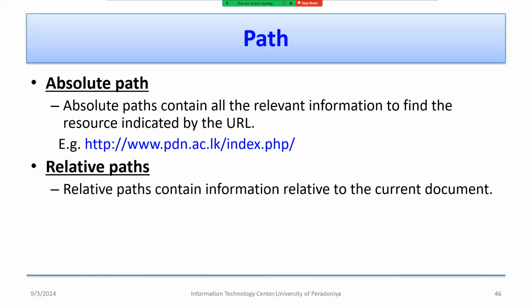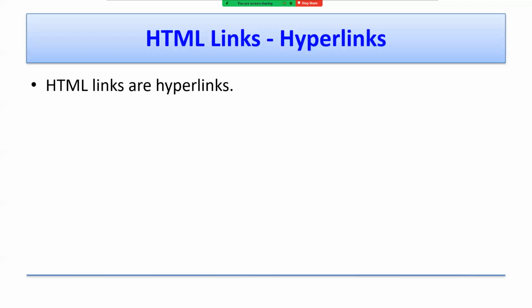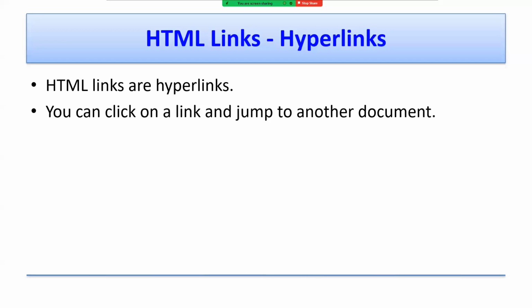Relative path means the path contains information relative to the current document. I'll explain in examples. Next, let's go to HTML links, or hyperlinks. HTML links are labeled as hyperlinks. You can just click on the link and jump into another document.